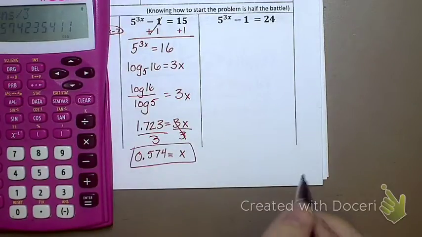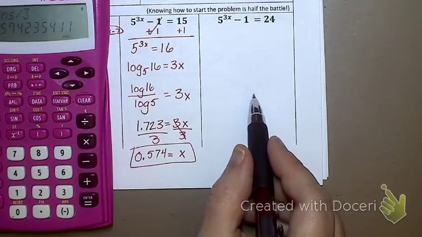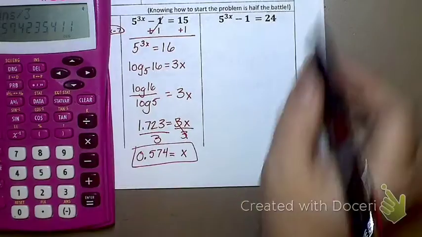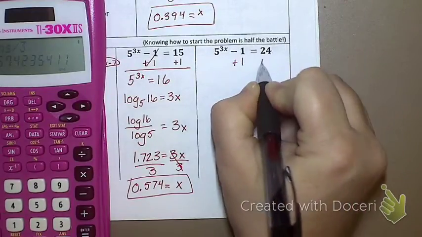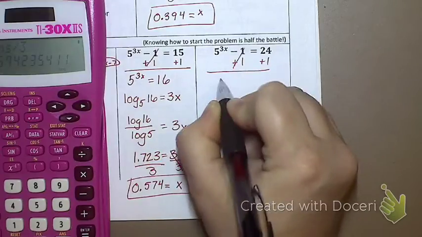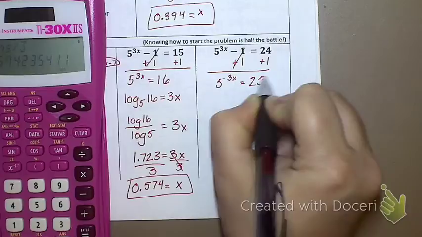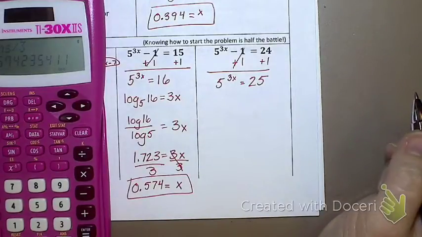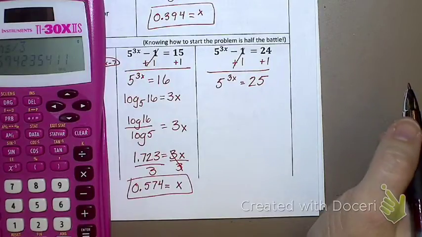So, what about this last one? Almost the same problem. Almost. What should I do first before I decide? Add 1. 5 to the 3x equals 25. Should I get the same bases or should I go to log form? Same bases. By the way, it doesn't matter which way you choose.